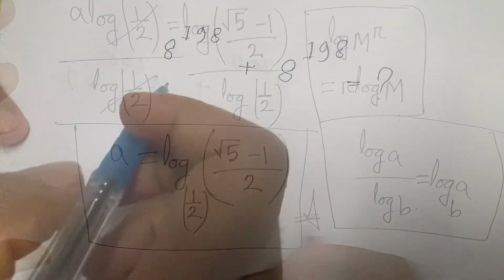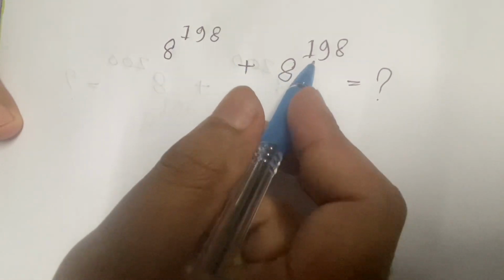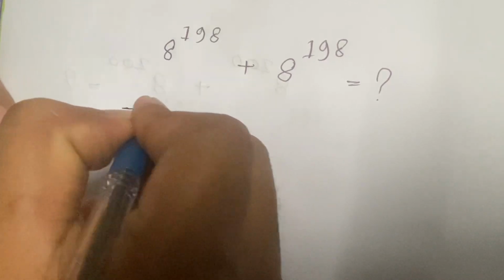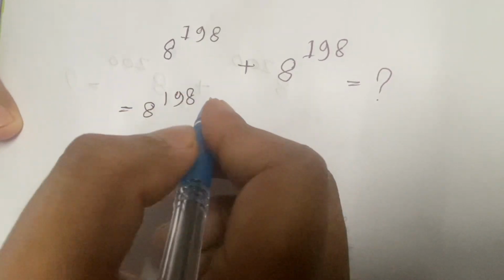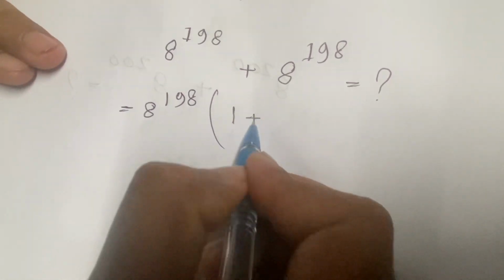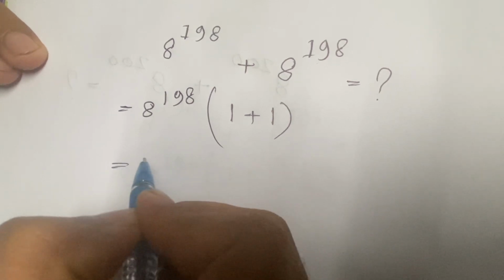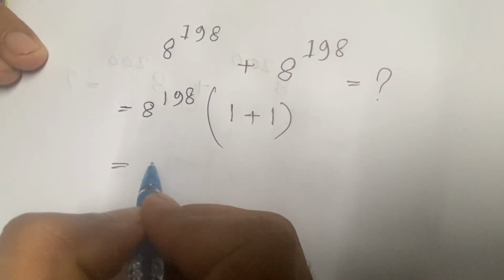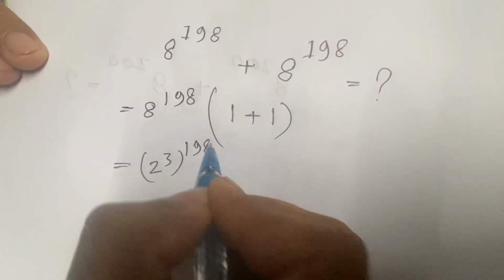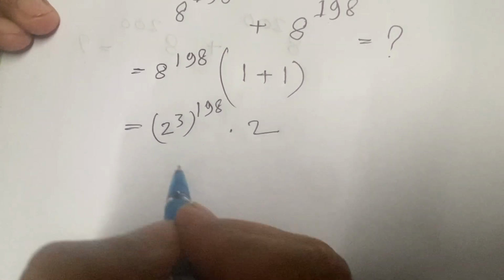So this is the value of a. Now how to solve a to the power 198 plus a to the power 198 is equal to what? At first we take common a to the power 198, first bracket start, this divided by this, that means 1, plus this divided by this, that means 1. Then a to the power 198 is the same as 2 to the power 3 bracket for 198 times 1 plus 1, that means 2.